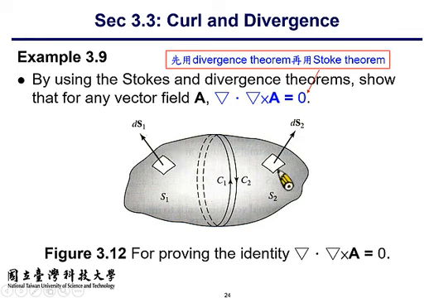And of course, because S1 and S2 jointly form a closed surface, the differential surface direction is pointing outward. So you can see that S1 and S2 are pointing to the left and to the right, respectively.